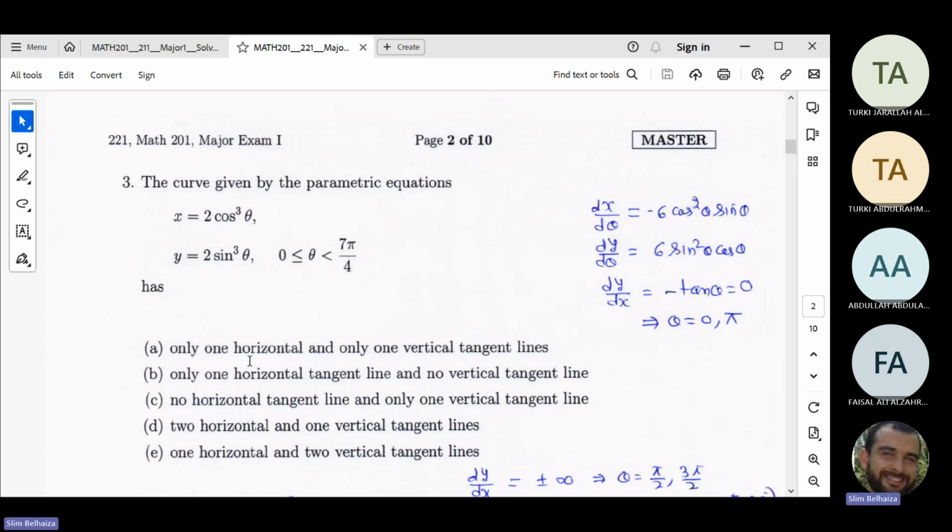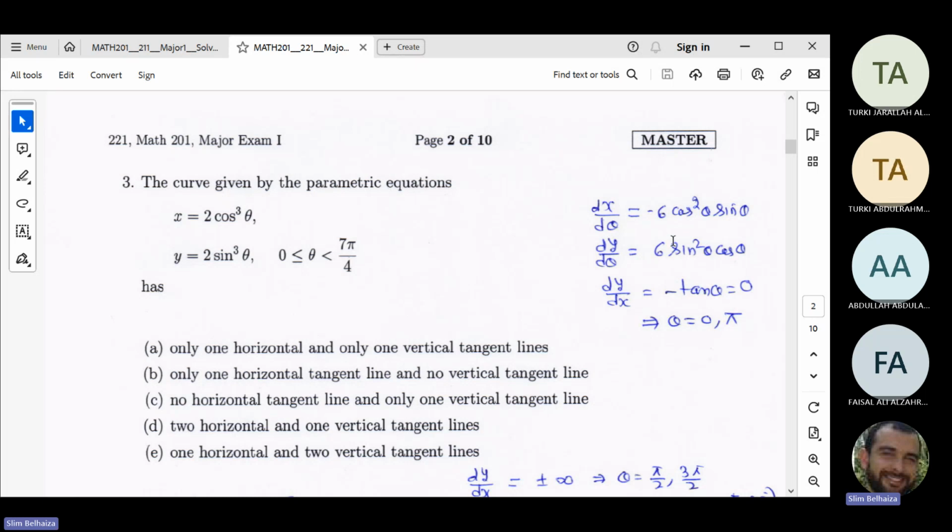All the possibilities here are talking about horizontal and vertical tangent lines. So we need to compute dx over d theta. For sure, it's easy because we're going to have minus 6 cosine squared theta sine theta. Now, for dy over d theta, I differentiate sine, which is going to be plus 3 times 2, 6 sine squared theta cosine theta.